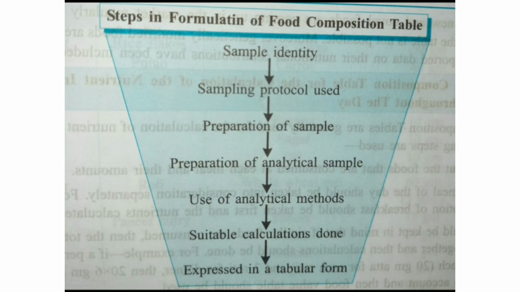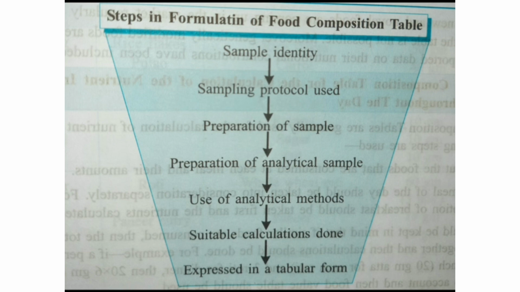So the composition table is nothing but the tabulated form of the food that is consumed by the people. It helps dietitians as well as nutrition experts to give food properly, to calculate the calorific values, and to note and maintain which foods are good in nutrients and which are poor in nutrients.